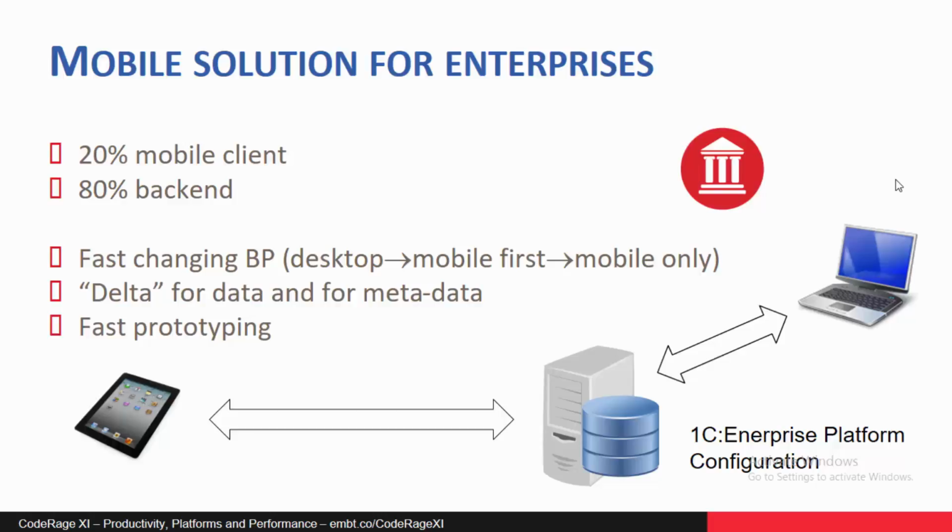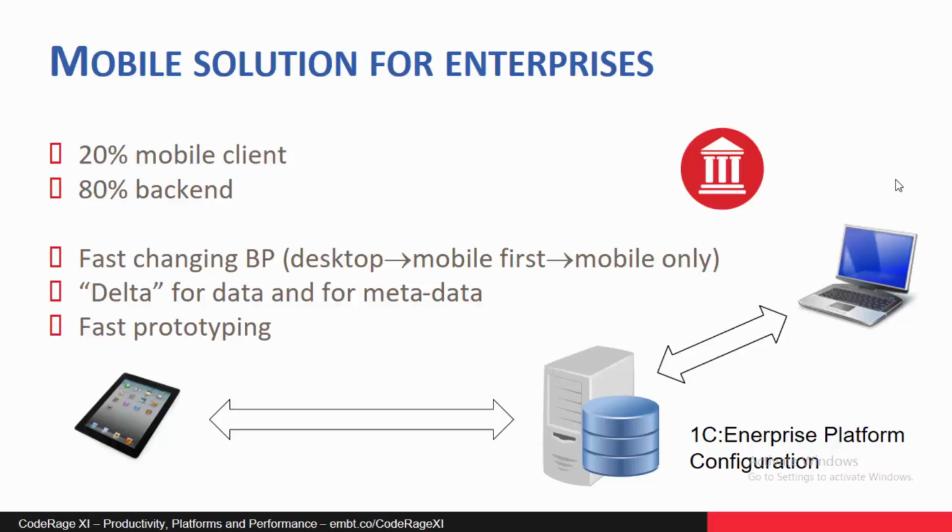And there were some challenges because business processes are fast changing. So, passing from desktop enterprise to mobile first, mobile only enterprise, the developers should be ready to change the user interface, and because the connectivity is not of high quality, the developer should think first about how the changes should go from server to mobile device and back, and be ready for fast prototyping.